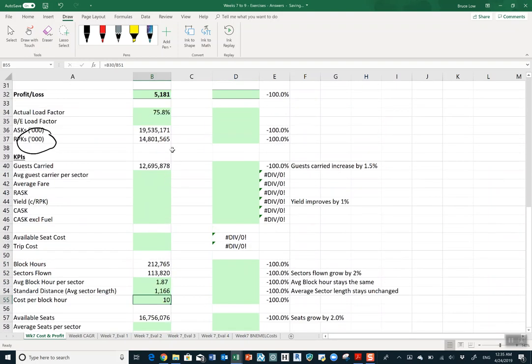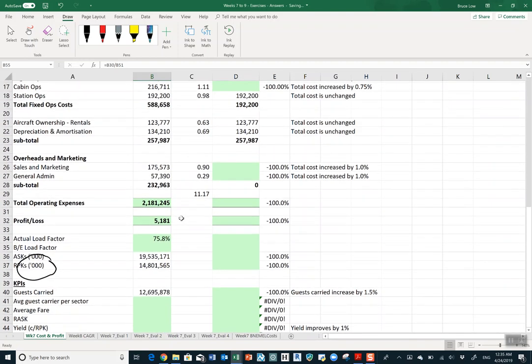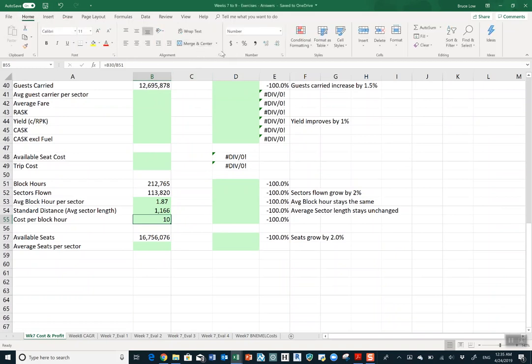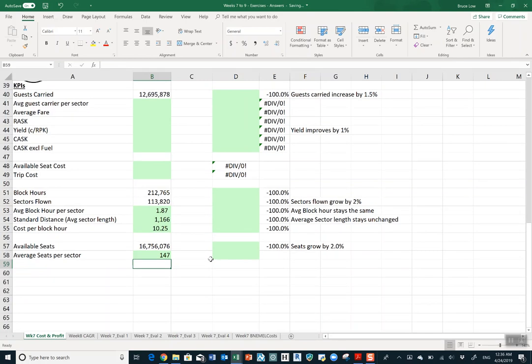Cost per block hour, I'll make that 10.25. Okay, and our average seats per sector, we've got 16.7 million seats, and we know our sectors flown. So average seats per sector is 147.